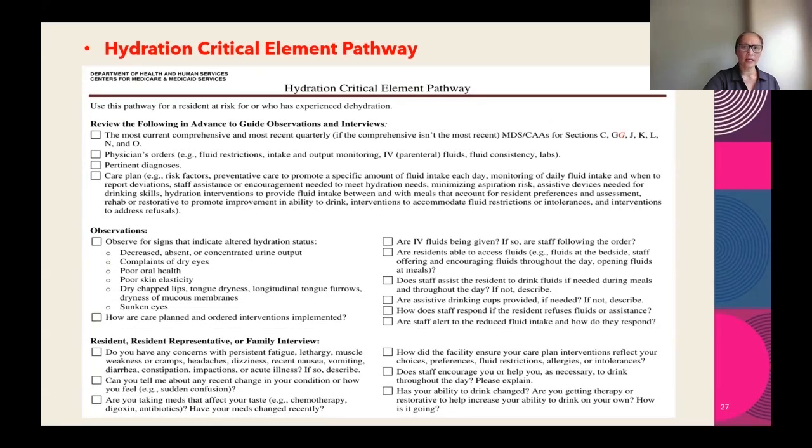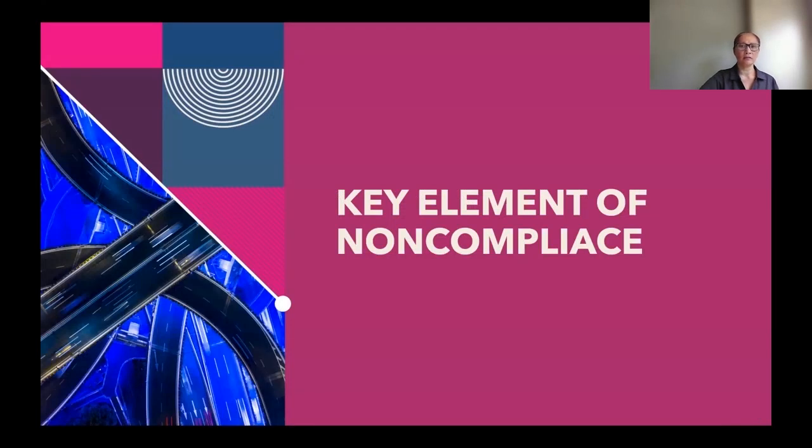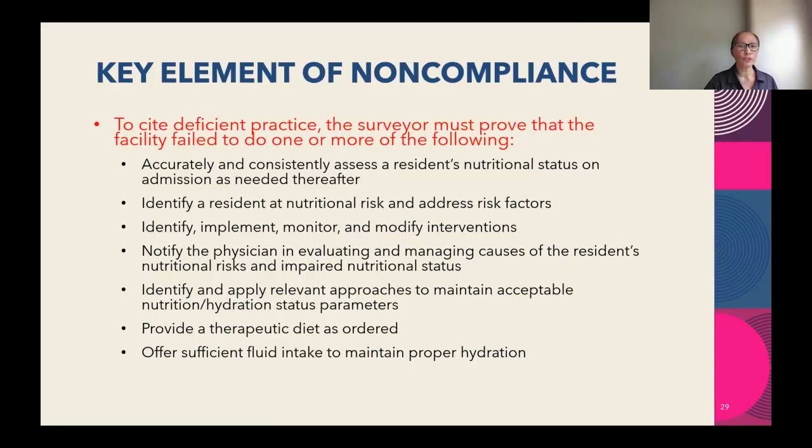And then last slide I have here, the key element of non-compliance. So to cite deficient practice, the surveyor must prove that the facility failed to do one or more of the following.